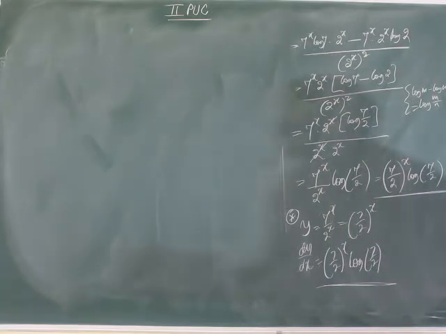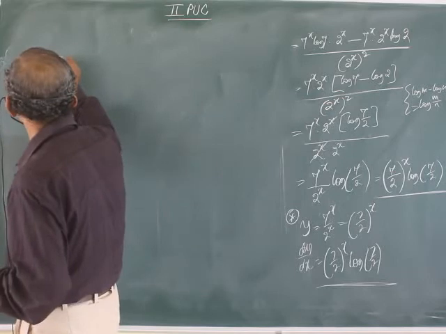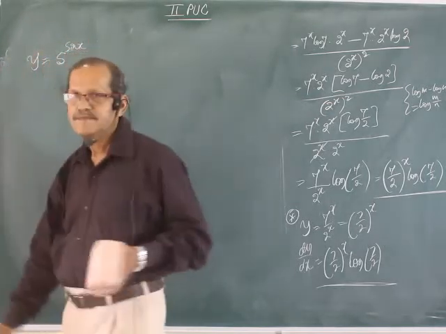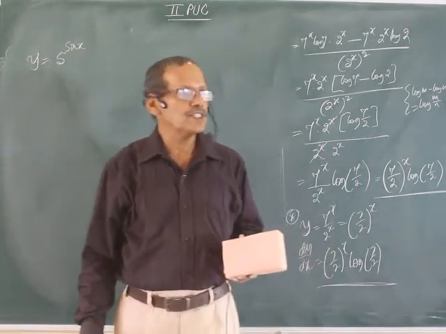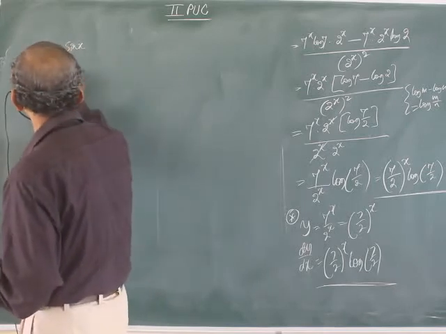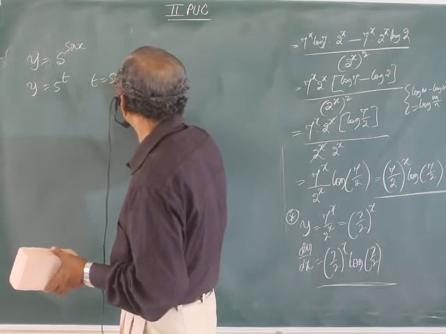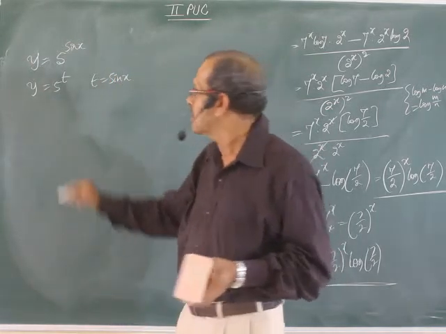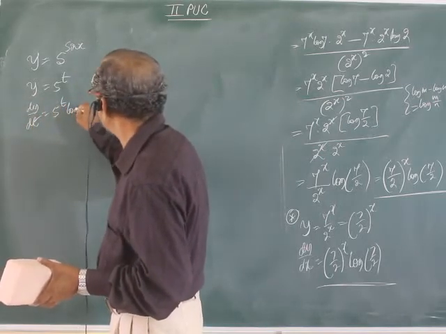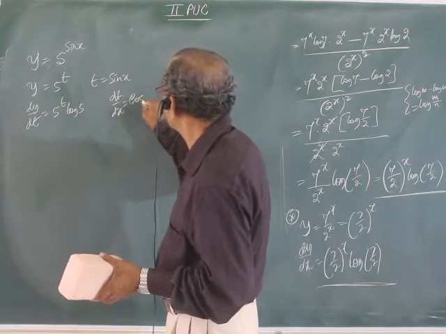Let me take one problem from chain rule. Y equal to 5 to the power sin x. See? Product formula, quotient formula, now it is chain rule. Y equal to 5 to the power t, t equal to sin x. dy by dt is 5 to the power t log 5, dt by dx is cos x.